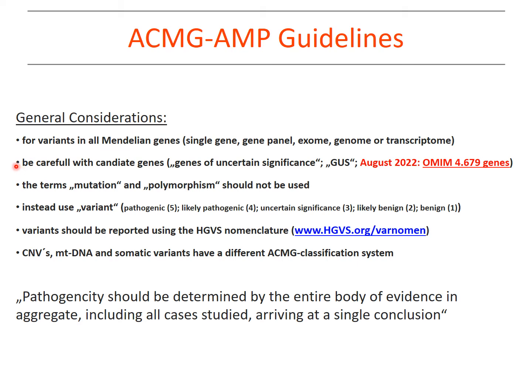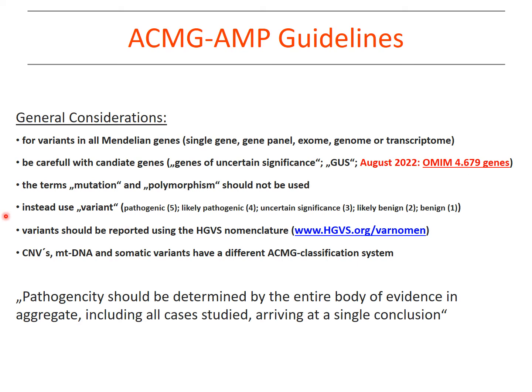You should be very careful with candidate genes. These genes are also sometimes referred to as genes of uncertain significance or GUS. And as of August 22, only about 4,680 genes are definitely associated with a human disease. So all the other roughly 15,000 genes are not validated.